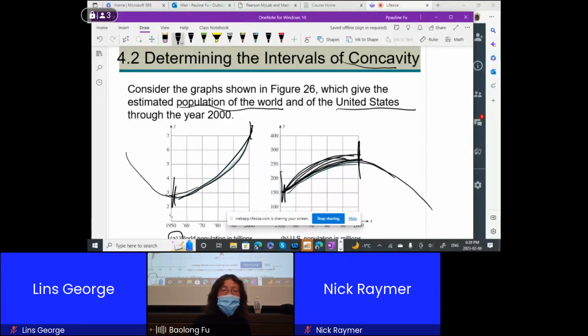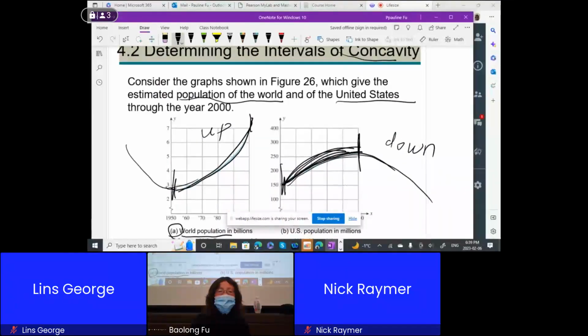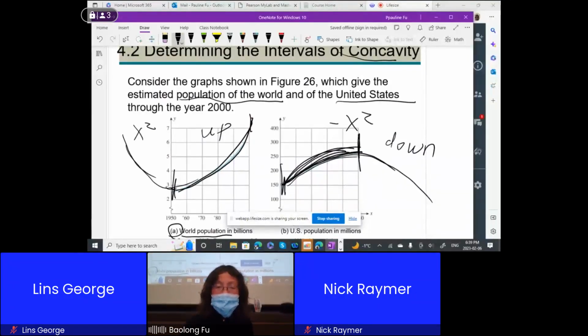The first we call concave up, the second concave down. When you have concave up, you always connect it in your mind with x squared, because the x squared curve looks like this. And concave down, you connect with negative x squared. Negative x squared looks like this.